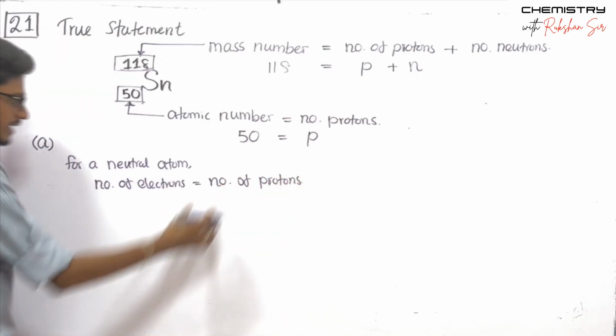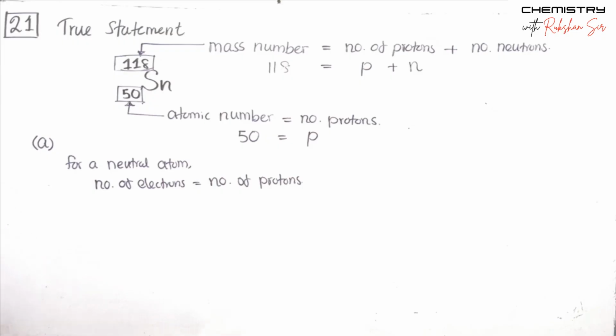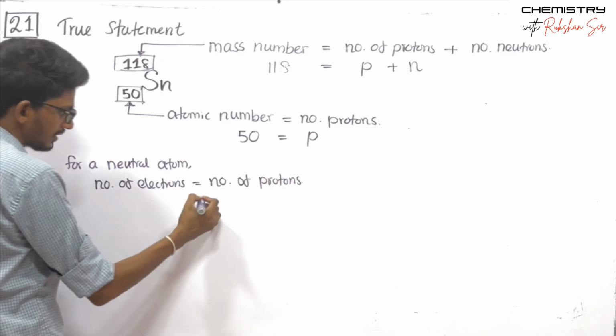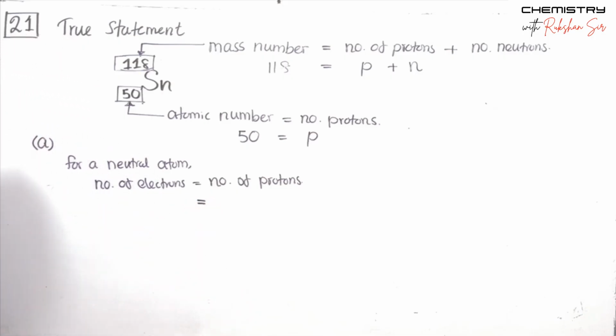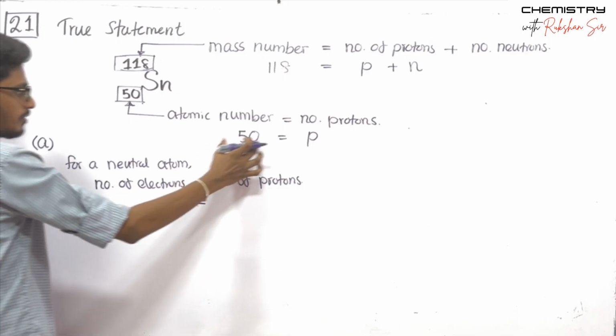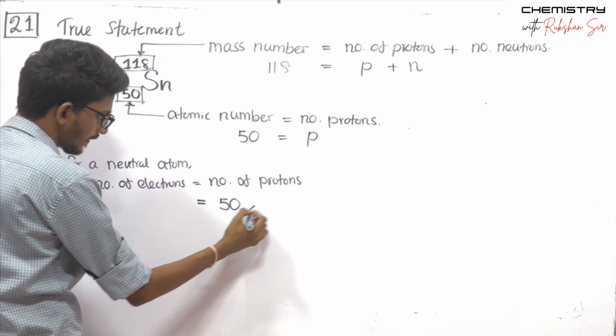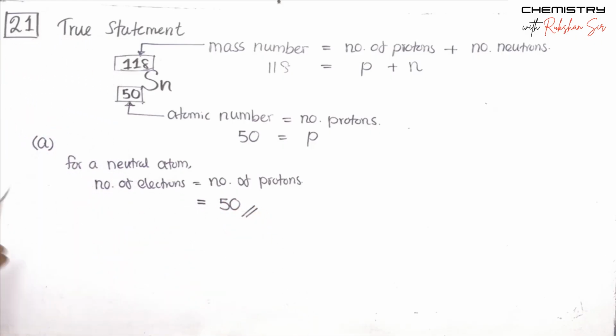The positive charges are equal to the negative charges; those are the only charged particles there. So here you have 50 protons, so the number of electrons is equal to 50. So statement A is true.